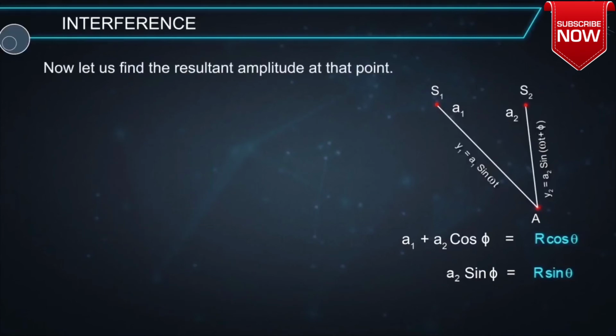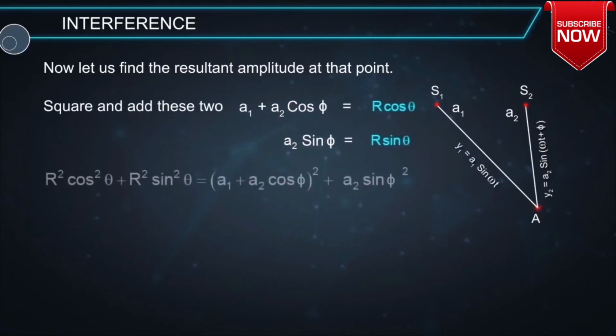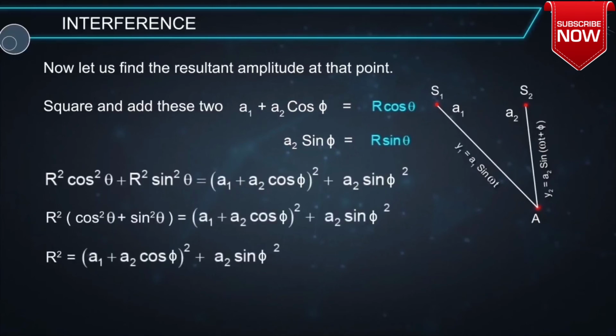Now let us find the resultant amplitude at that point. For that, square and add these two expressions. After simplification, we get r equals square root of a1 square plus a2 square plus 2 a1 a2 cos phi.